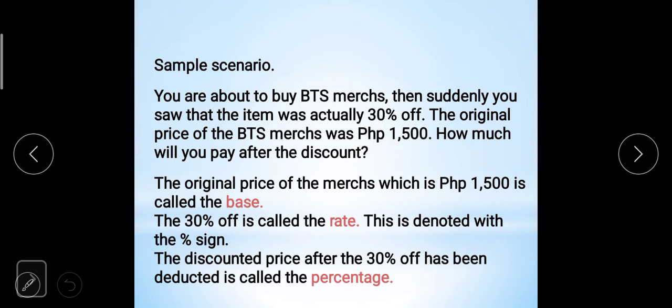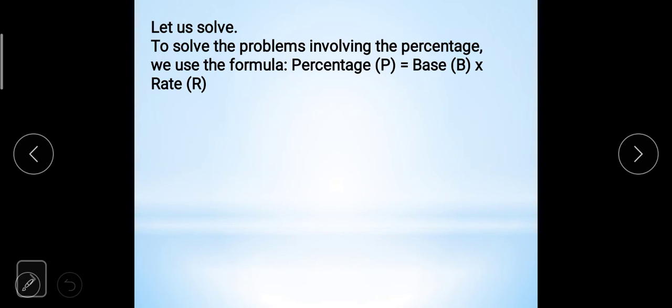So, what is our base? Again, that is 1,500 and our R or the rate is 30%. Okay, so our P is missing. Our B is 1,500.